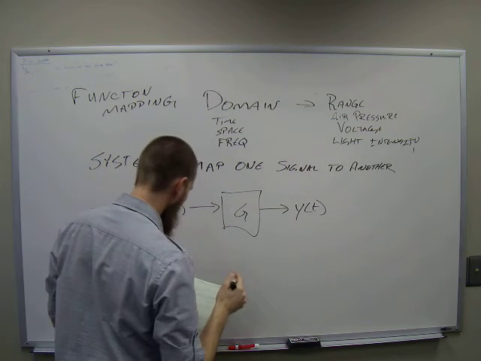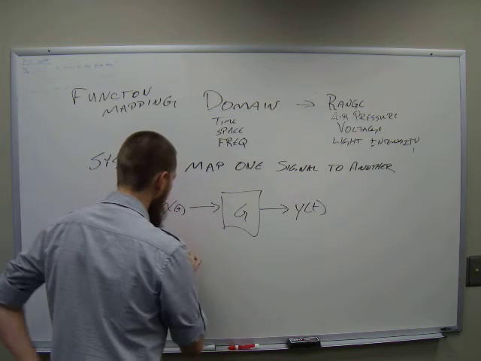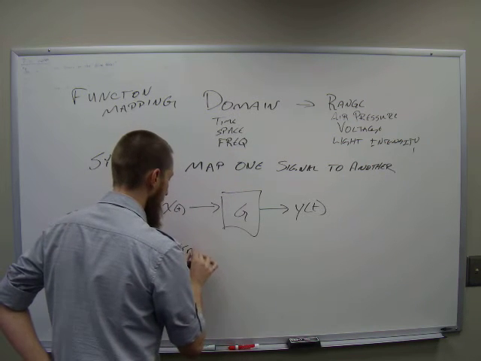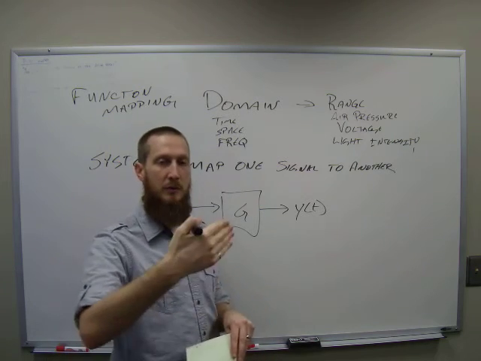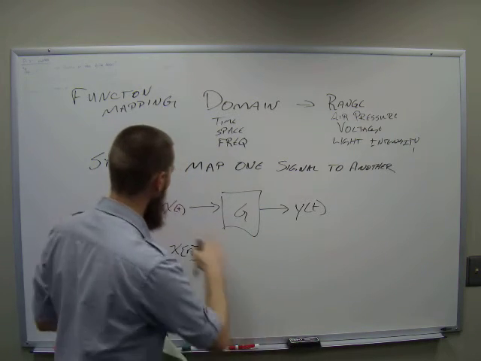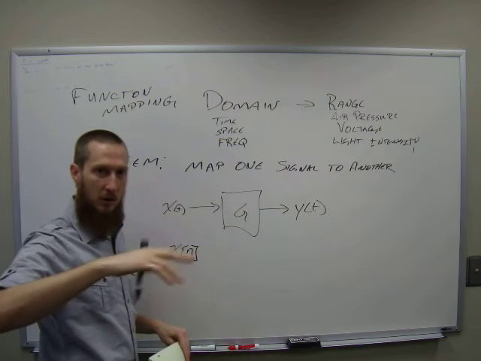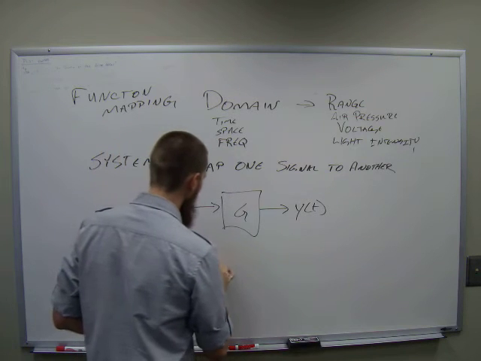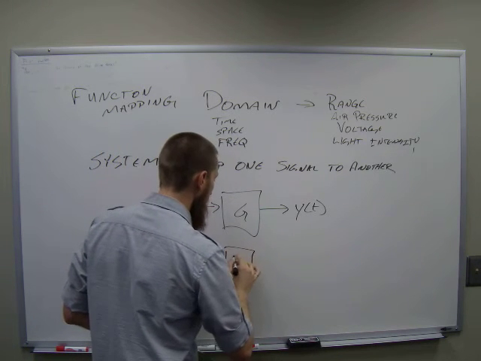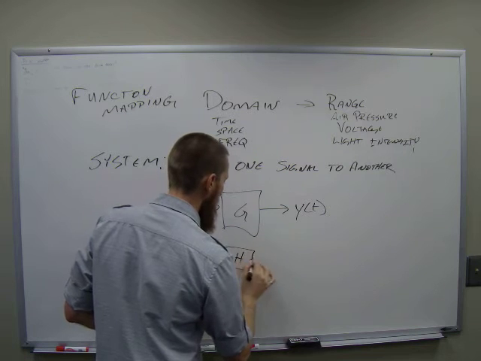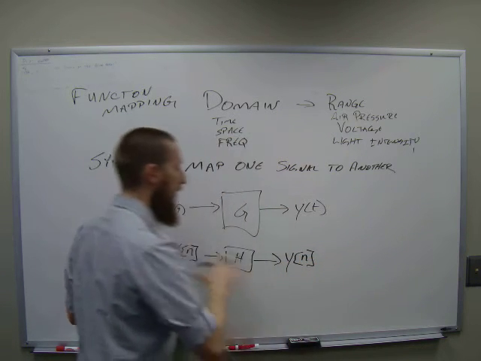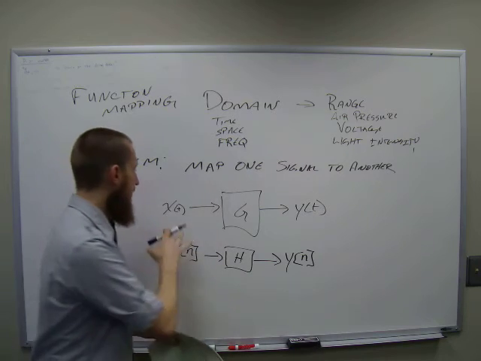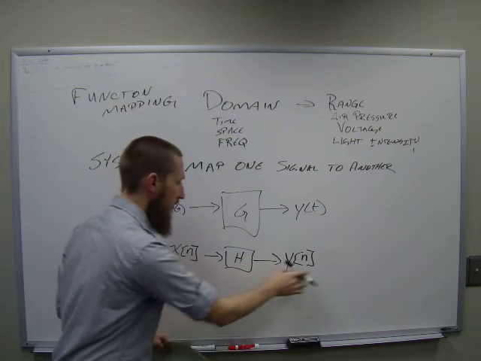However, if we're working on a discrete system where we have an x of n, and remember a discrete system is a system that is sampled in time, where a continuous system is just like an analog output, it goes through another system, let's call it h, that could give us y sub n. Normally we'll map continuous to continuous or discrete to discrete.